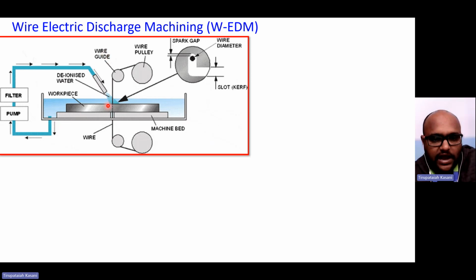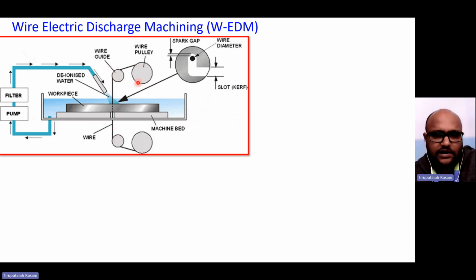See here, the wire guide, and this is the wire. These are wire pulleys: one is releasing the wire and the other is winding up the wire. These two are the wire guide rollers.